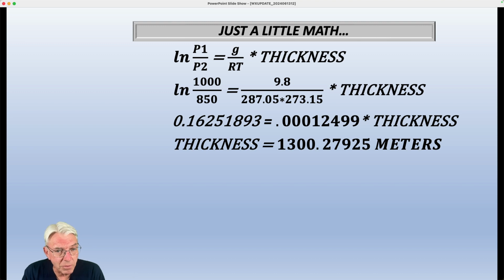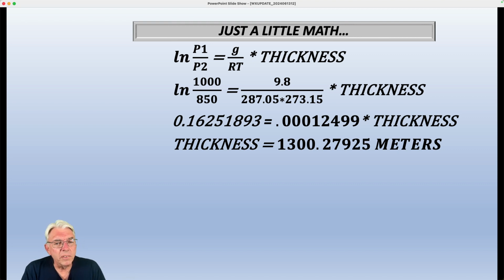That's 9.8 meters per second squared. The gas constant, which is R, is 287.05. And the temperature in this case, I'm just going to arbitrarily say it's freezing. But the units have to be in Kelvin, okay? So it's 273.15 degrees Kelvin is the freezing level. And if you take that times the thickness, or the distance between those two pressure surfaces, then that equation all works out.